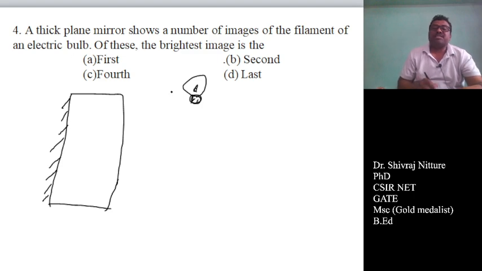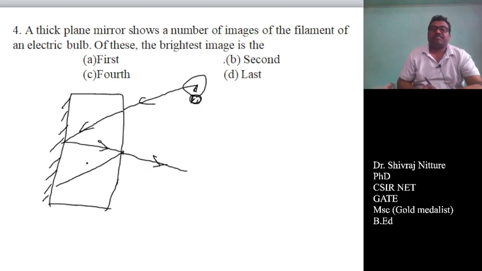The brightest image is formed when a ray of light is incident like this. After reflection it enters inside. Again it reflects here and transmits here. And again it reflects here. Again it will come and transmit like this. So the number of images are formed.